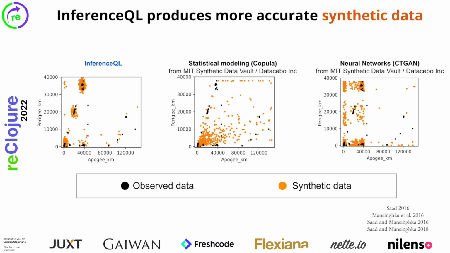And we can see the InferenceQL approach produces synthetic data that's qualitatively more accurate and matches both clusters where real data is likely and some of the dispersion in regions where data is unlikely but still possible, whereas the other approaches exhibit systematic biases.